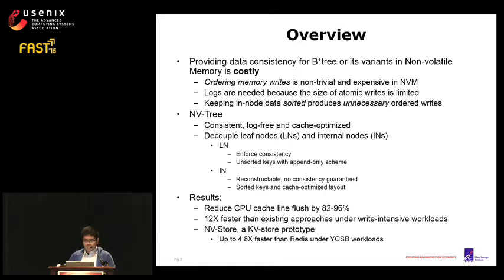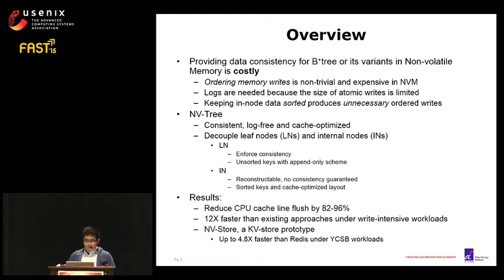For internal nodes, we found they are reconstructible, so no consistency is enforced. Performance-wise, we organize them in a cache-optimized layout to keep the keys sorted to facilitate the search.